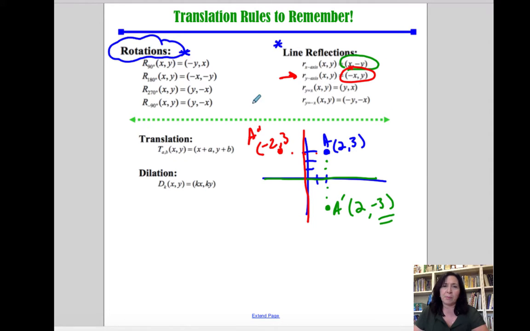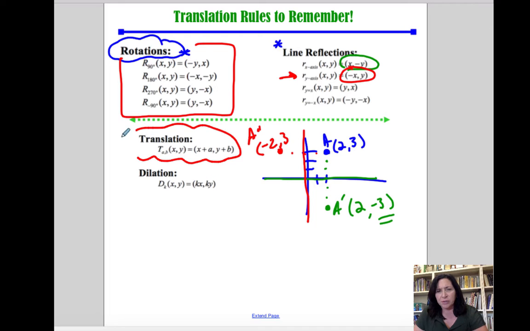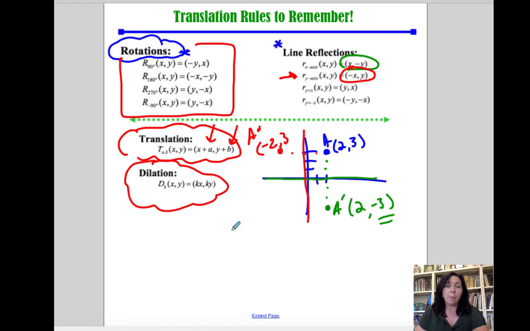You have got to remember these translation rules. You have to memorize them. These ones, very, very important. For a translation, what you do need to remember is just that a translation is just adding or subtracting a value to your x and your y. A dilation is just multiplying a value to your x and your y.